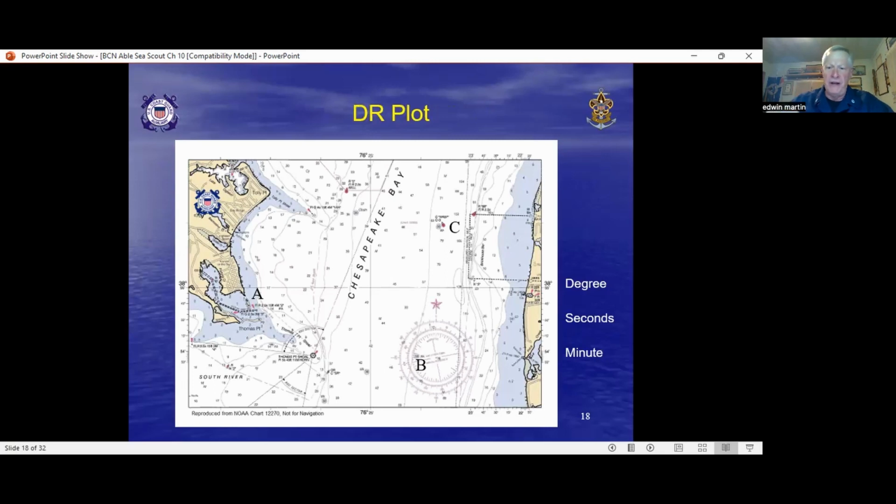It's ones that look like triangle or elongated squares. This little chartlet uses an international scale, which are degrees, minutes, and seconds. And if you look at the scale on the side, you'll see that.